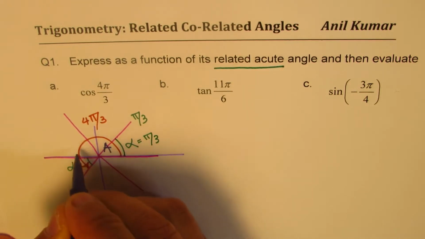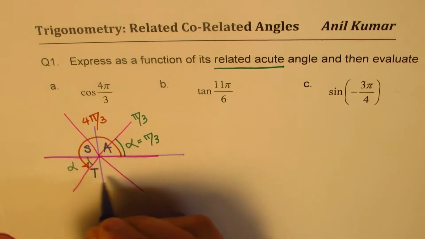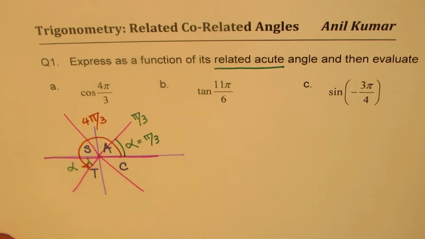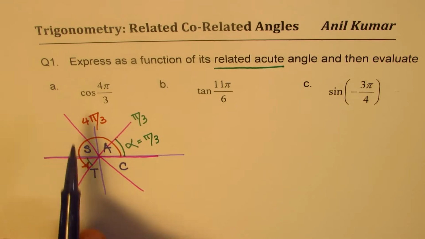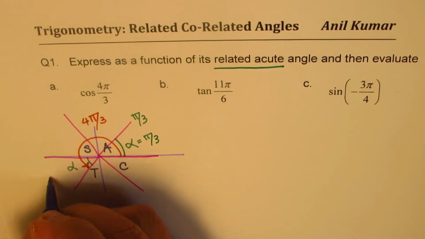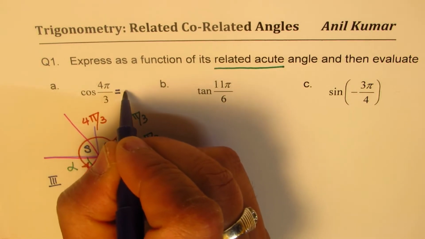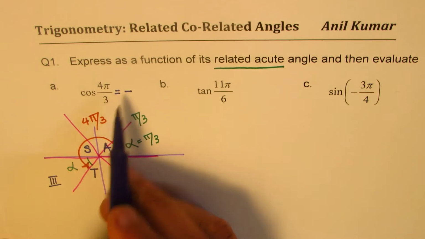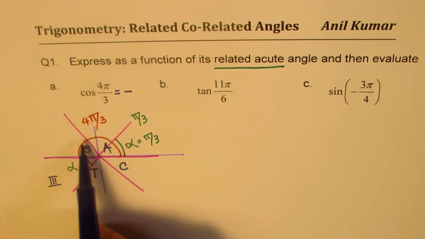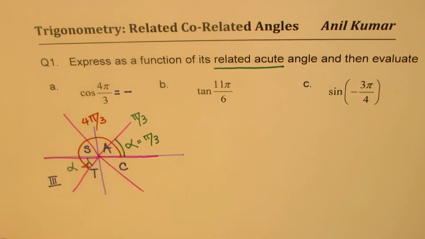Here, only sine is positive. Here, tan is positive. And in this case, cosine is positive. Now, since we are talking about cos, and we are in quadrant 3, it has to be a negative value. So we get negative, simply because the principal angle lands in quadrant 3. Perfect.